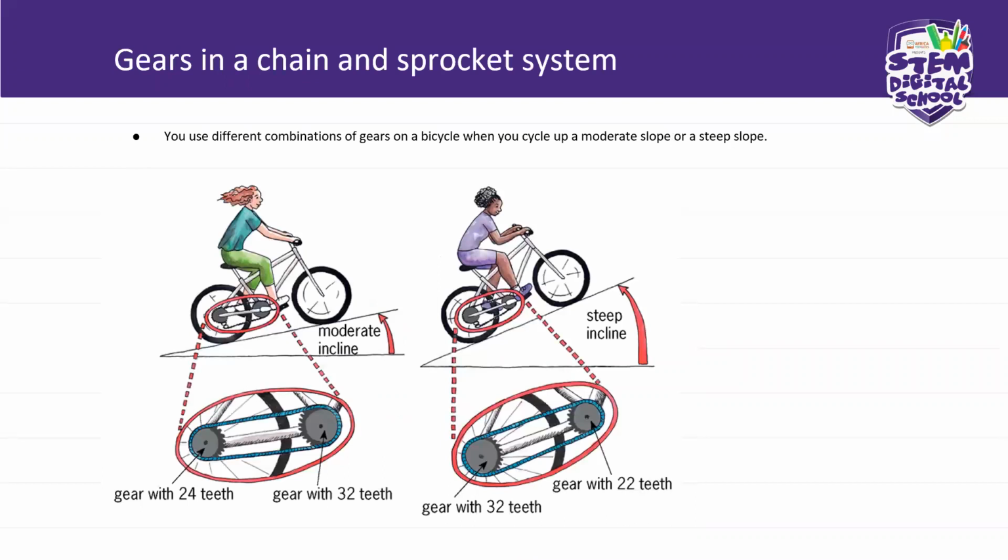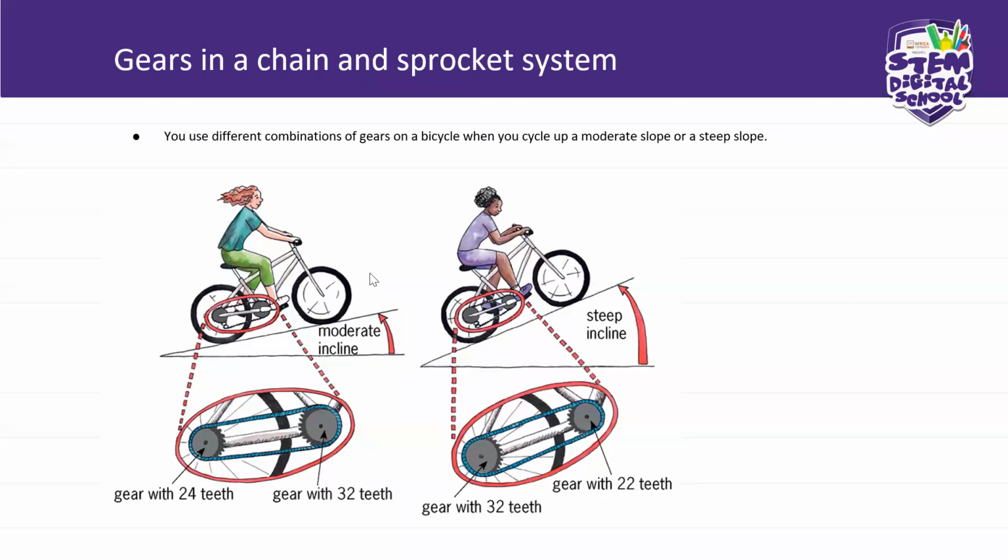But remember, we have done this before, it becomes very important to look at the number of teeth of these gears in the chain and sprocket system of the bicycle. Okay?